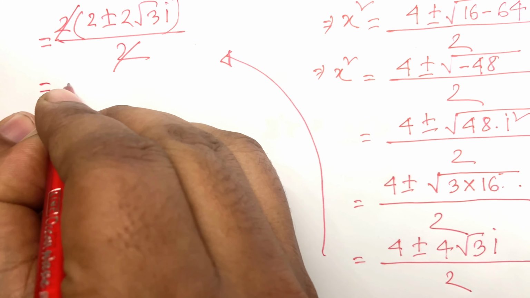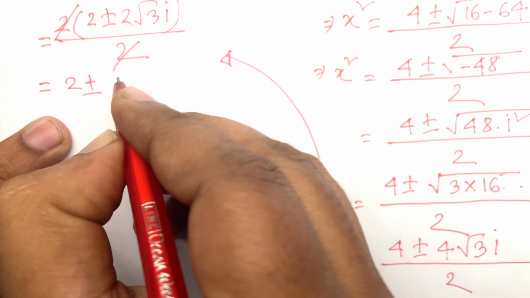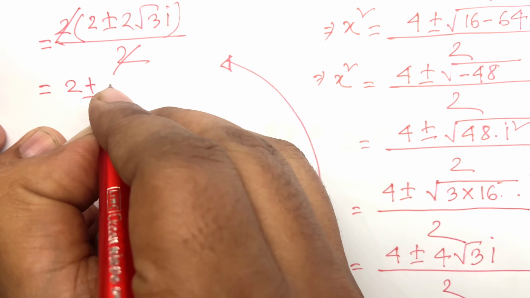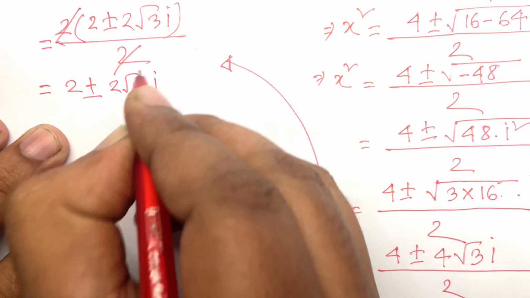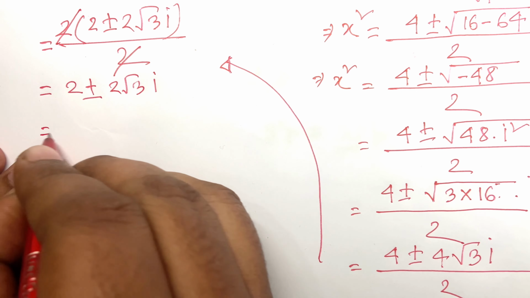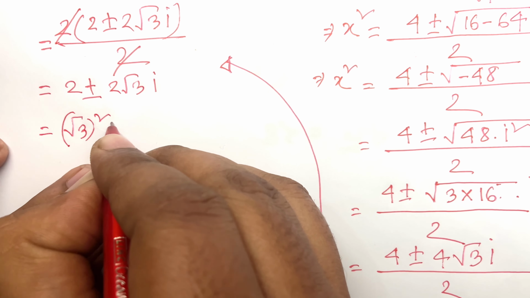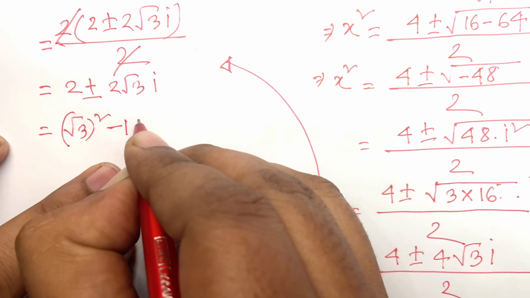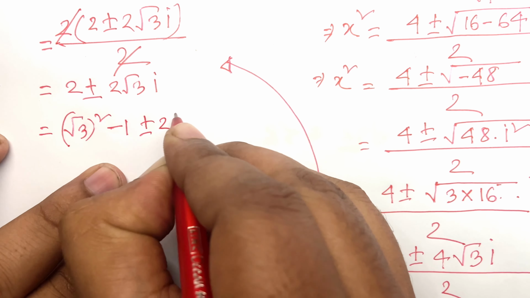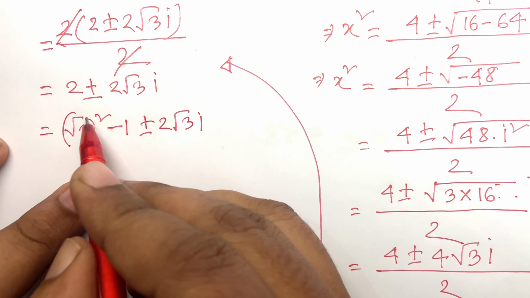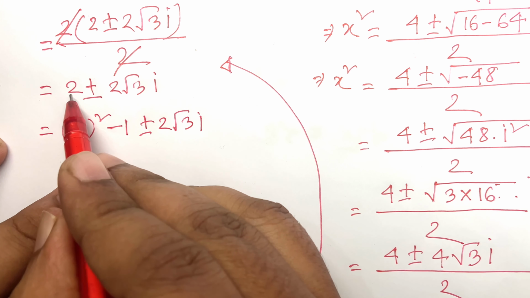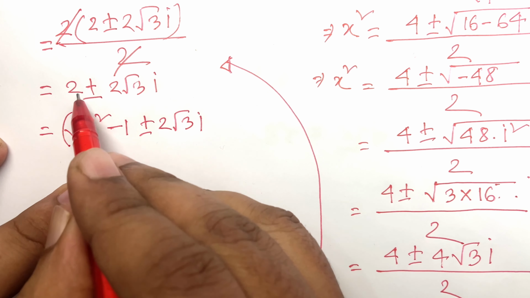Now I can say easily 2 plus minus 2 root over 3i. And here is 2. Now I can see easily root over 3 square plus minus 1 plus minus 2 root over 3i. We know that the square root is cancelled, so 3 minus 1 is equal to 2. So same, I find out the same equation.